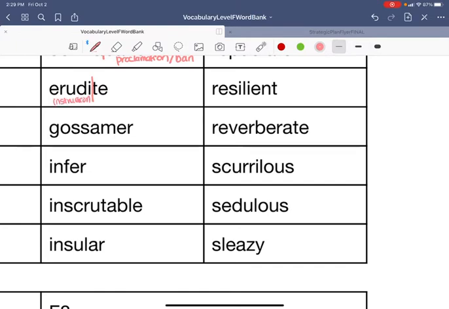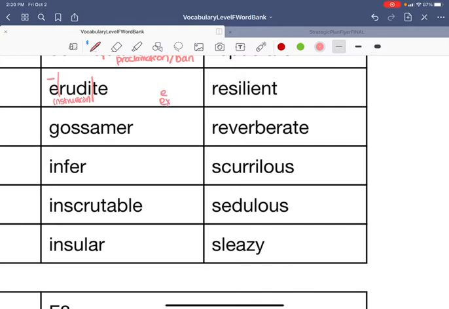Another way you can break this down, E means without, same thing as different words that have the prefix EX.